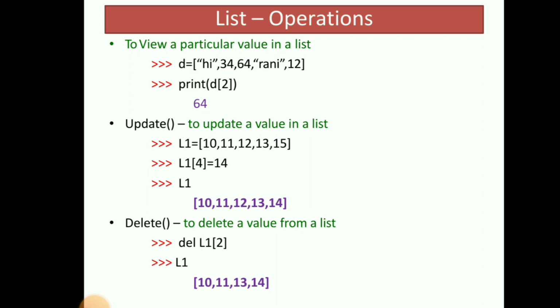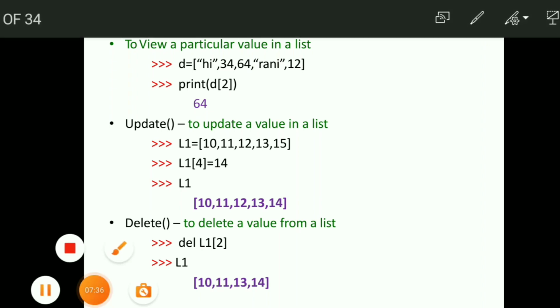For example, L1 is a list which contains integer values. If you want to change the index value 4, L1 of 4 equal to 14. In the fourth index, there is the number 15.